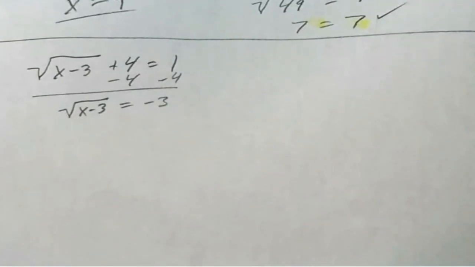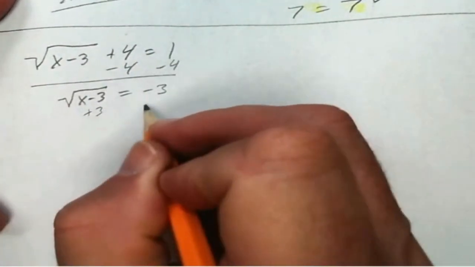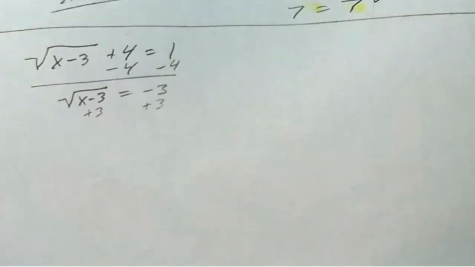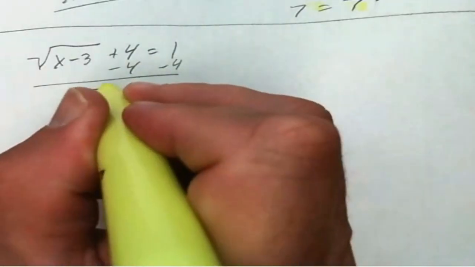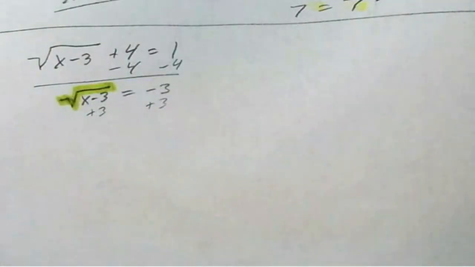Now, here is where a lot of students will make a mistake. This is one of the most common ones I see. A student goes, oh, I can move that negative 3, let me add 3 to both sides. You can't do that, because the negative 3 is part of the radical.